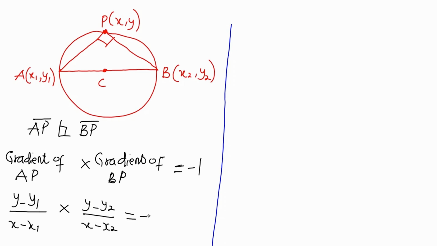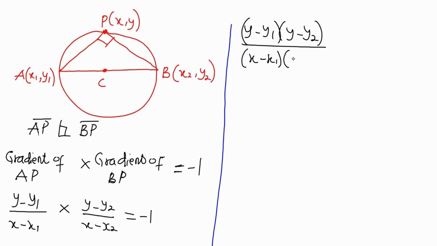Multiplying, it is equal to -1. So y minus y1 multiplied by y minus y2, divided by x minus x1 multiplied by x minus x2, is equal to -1.